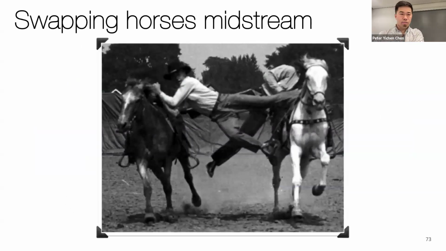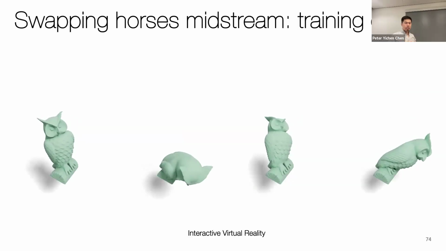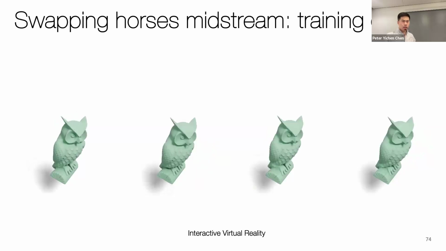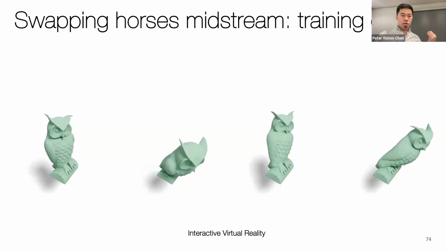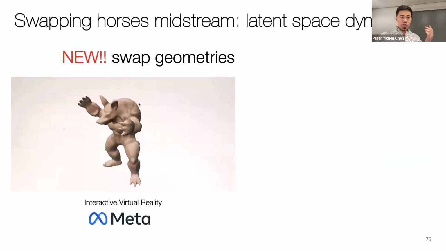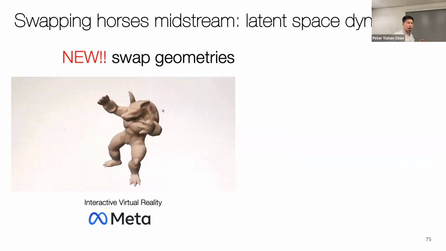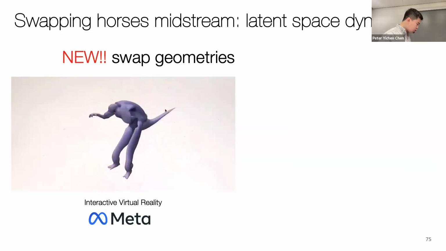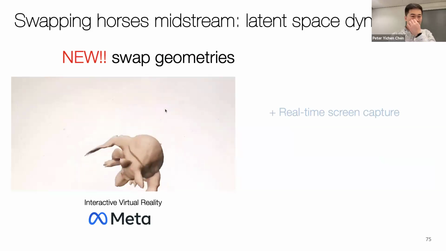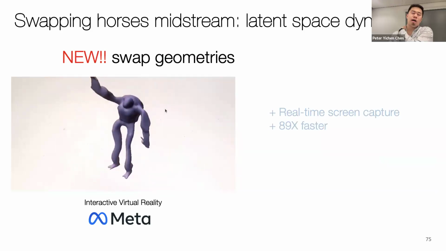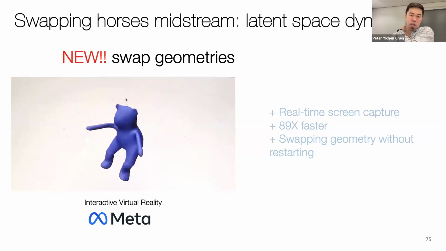This is an example we call swapping horses midstream. What do we mean by that? Essentially, we train this model on these all-shaped meshes. But after training, we can swap in different meshes, different geometries. And this is real-time, a lot faster than the non-reduced model.